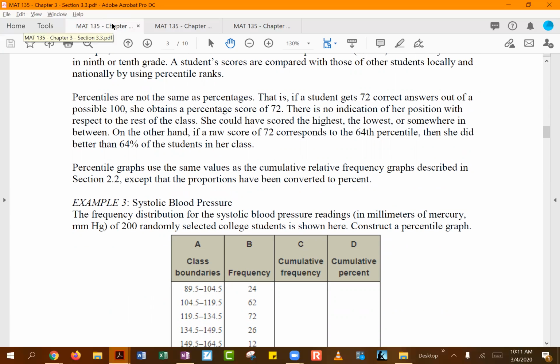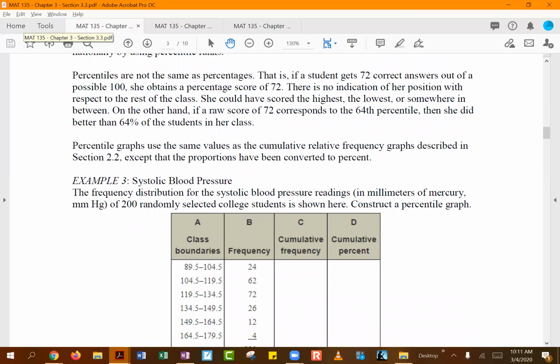Remember, that's how many data values will be below that score or number that you're looking at. So if a student gets 72 correct answers out of a possible 100, then her score would be considered to be 72%, right? But when we are talking about position, we don't know where her position falls unless we look at the scores for all of her classmates and figure out where that percentile would be.